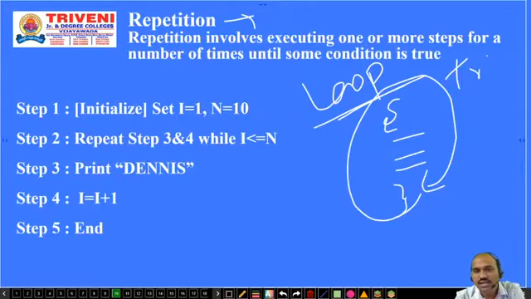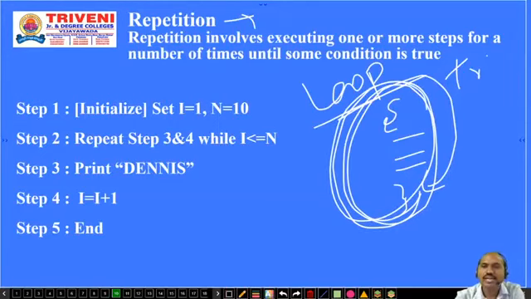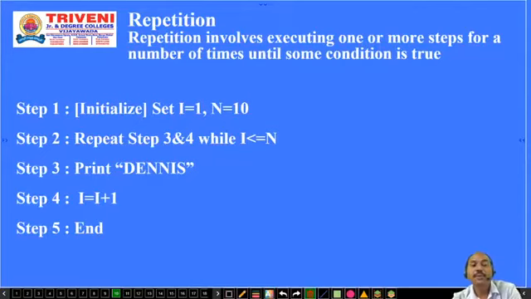But here, when the condition is not satisfied, the loop continues executing until the condition is true. So this is the repetition algorithm.